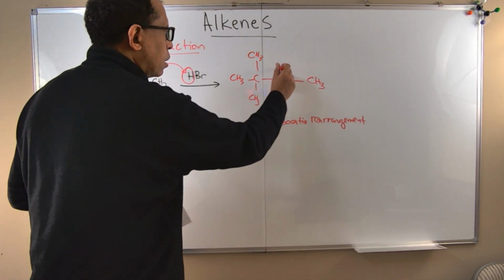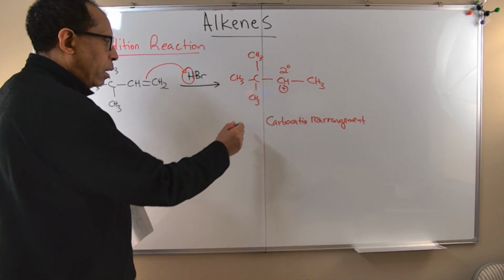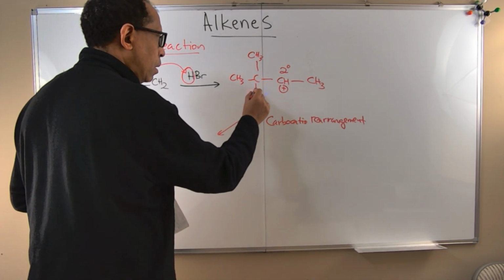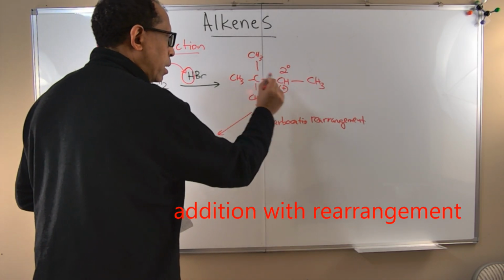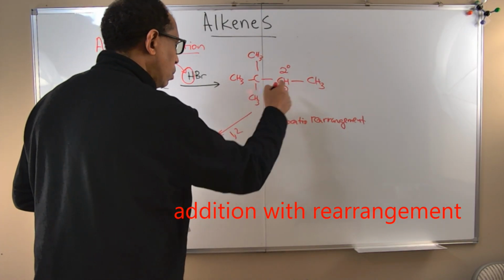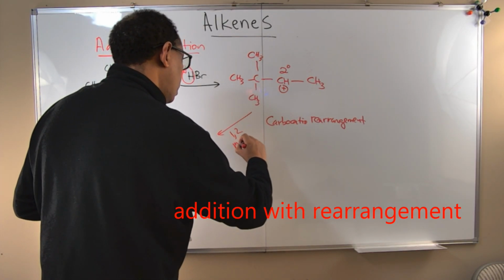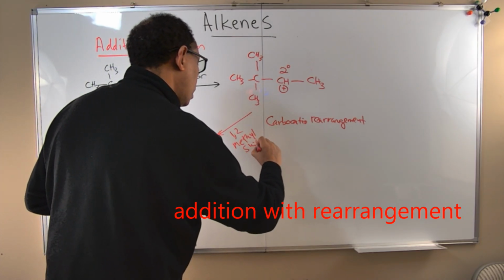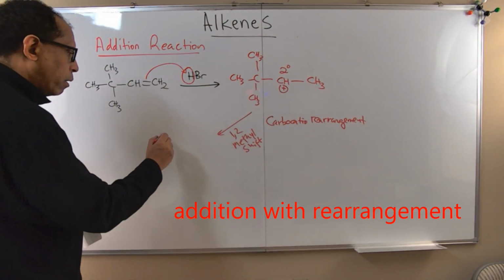Because this is secondary, now if I do carbocation rearrangement where there is a methyl shift from here to there, so this is a 1,2 methyl shift, I can generate a tertiary carbocation.